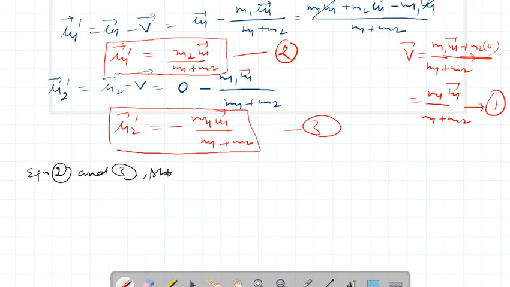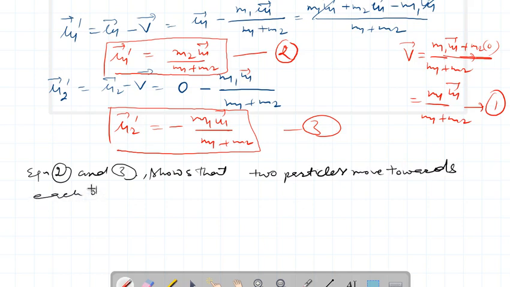So equation 2 and 3 show that the two particles move towards each other in center of mass frame.